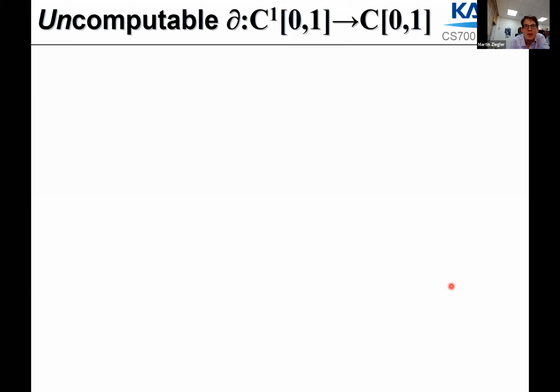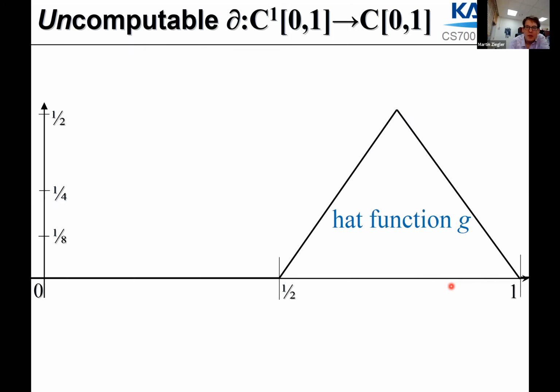If we could approximate its derivative, then taking the derivative would give an algorithm for computing the derivative, right? But the function we're going to construct will deliberately be constructed such that only the values of the function can be approximated computably, but not the values of its derivative. And for this purpose, we're actually going to construct the derivative first, and then consider its antiderivative according to the parameterized Riemann integral.